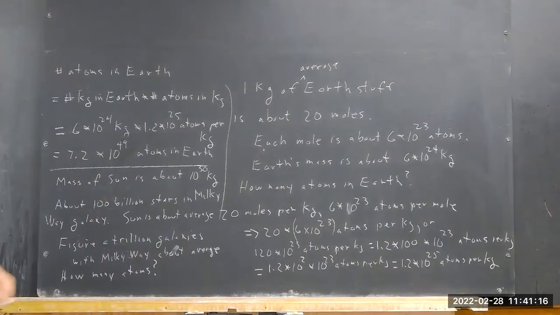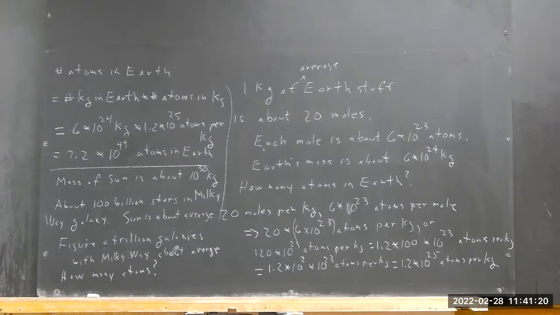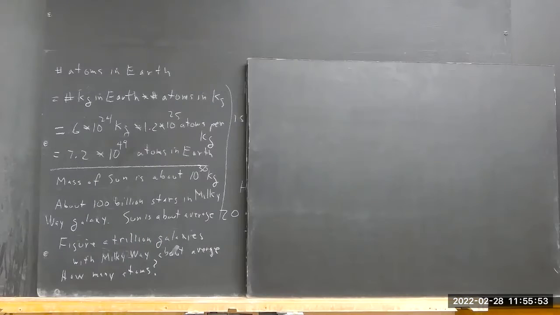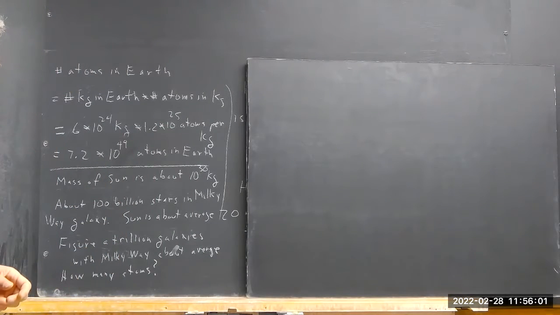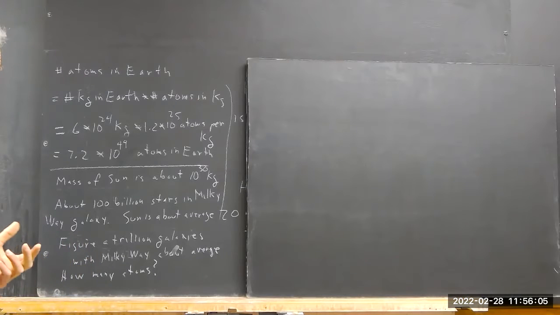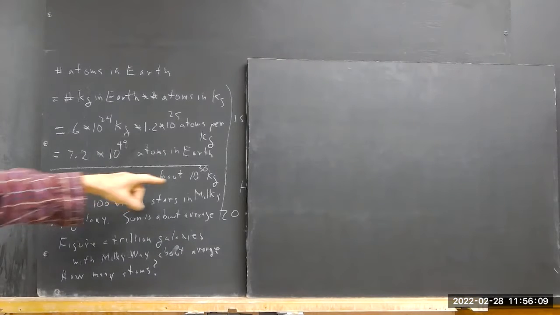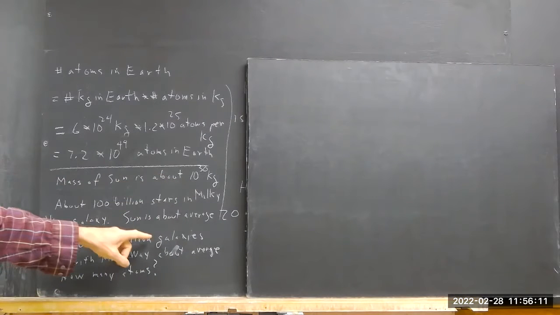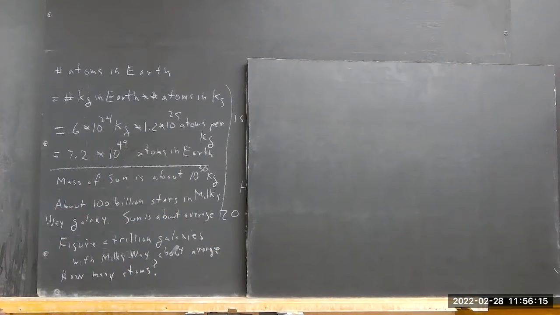So how many atoms have you got? I think you can work it out. We have all this information. The first calculation you might do: we could multiply the mass of the sun by the number of stars in the Milky Way, because the sun is an average star, and that gives us the total mass of the stars in the Milky Way.